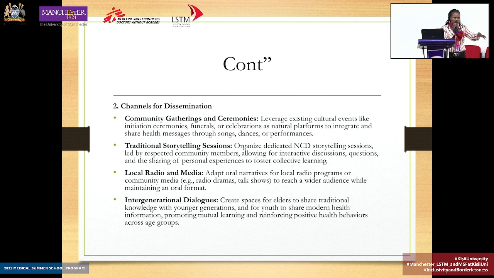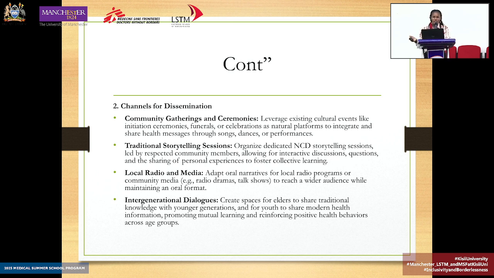You can bring the people with NCDs, engage them, and have them narrate stories. In those days, they used to say, long ago, there used to be this. You can use such approaches in addressing those stories. We have the local radio and media.